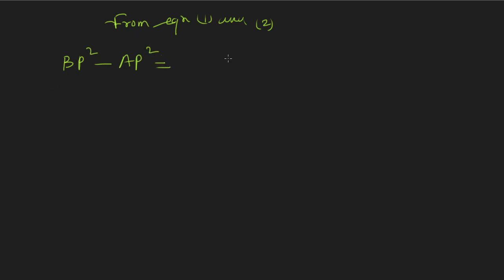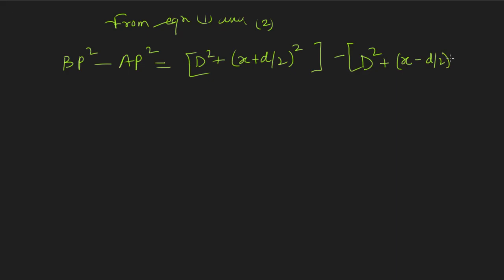Because this quantity will give me the path difference. Let's see. So I will get D square plus x plus d by 2 whole square, minus D square plus x minus d by 2 whole square.